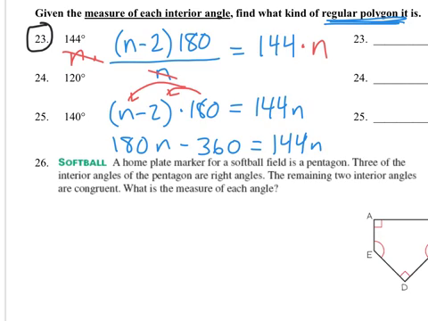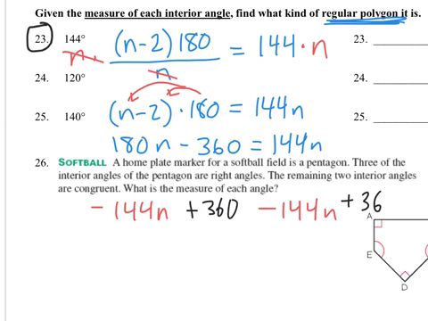Now let's subtract 144n from both sides and add 360 to both sides. So we are moving these terms around. Adding 360 to both sides cancels this off from the left side and moves it to the right side.